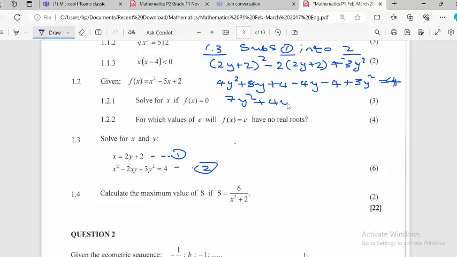And this and this will cancel. And then this 4, I will transpose it. I'll transpose this 4 and bring it to the left. It's going to be negative 4, equals to naught.